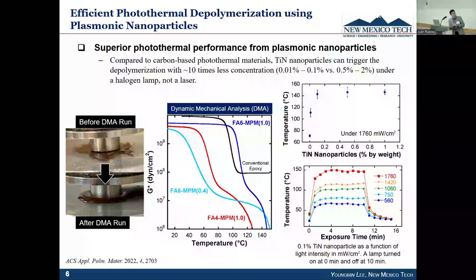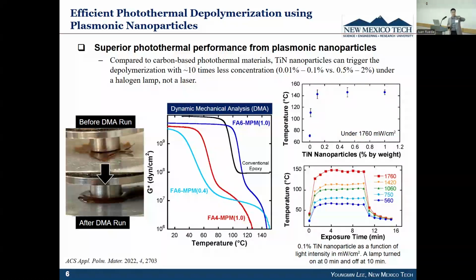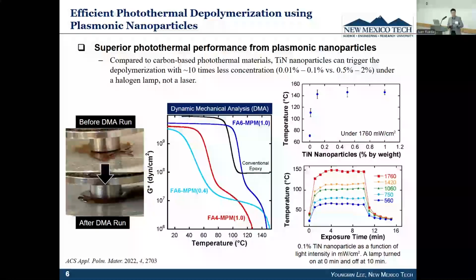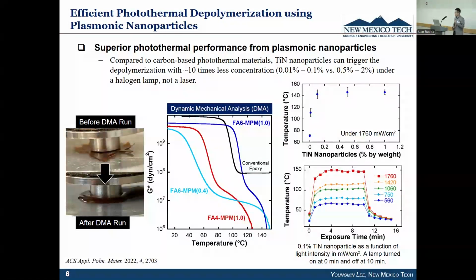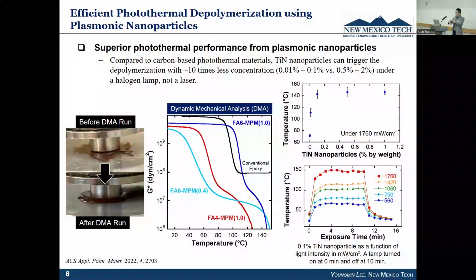This black curve is a conventional epoxy, a conventional non-reversible network. It just softens by glass transition, but there's no additional transition, so it keeps its permanent network structure. But in our material, we have an additional transition due to the reverse Diels-Alder reaction, the transition to the segment state.